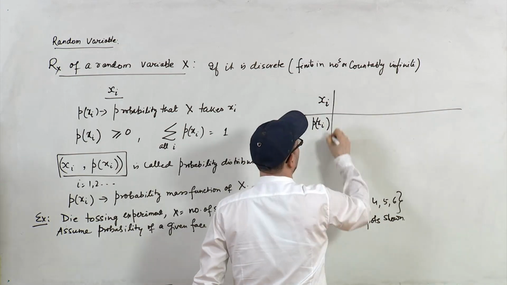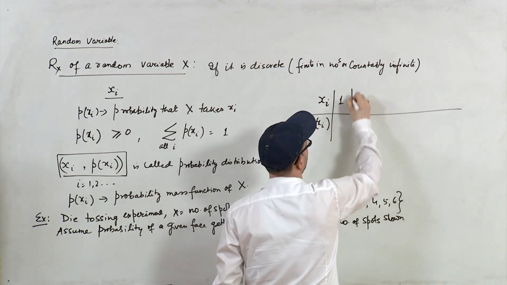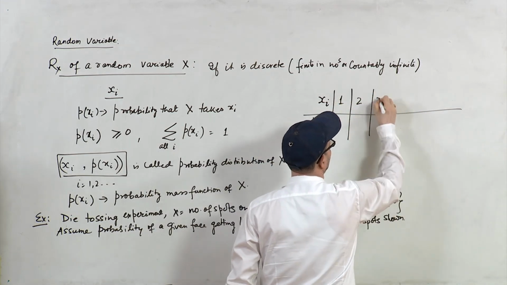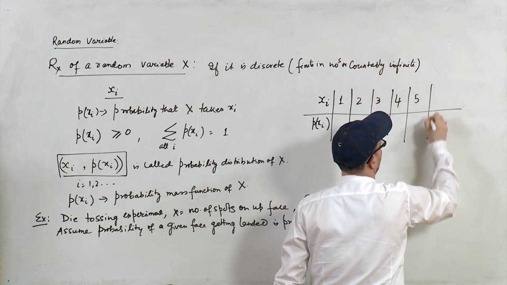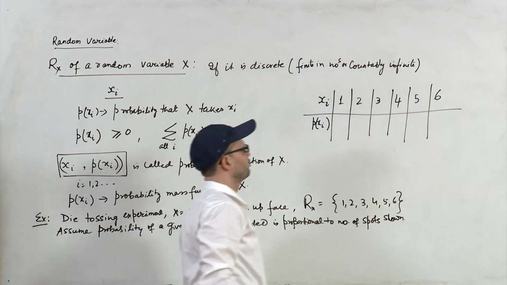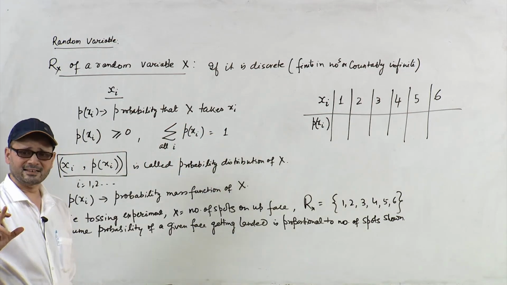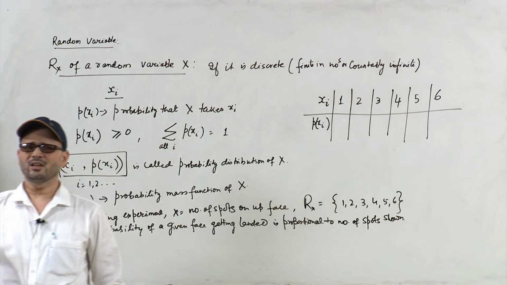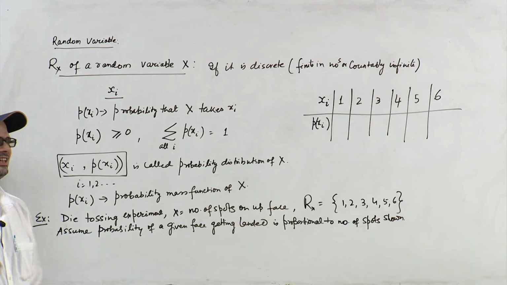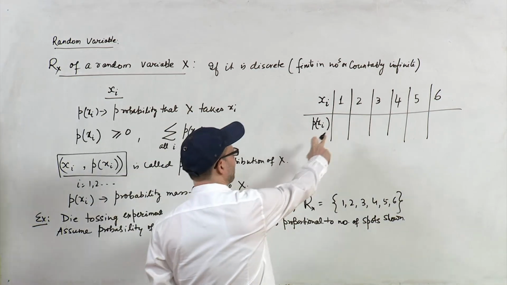As we know, for xi you have 6 results: 1, 2, 3, 4, 5 and 6. In that case, for the p(xi) values, if we take them to be equally likely, it will be all 1 by 6.